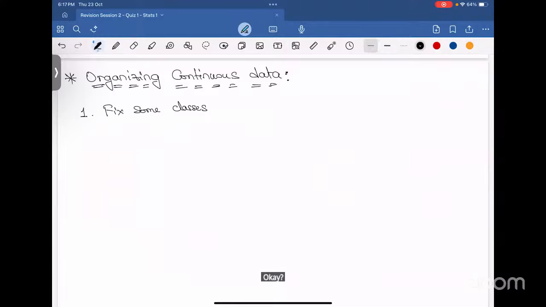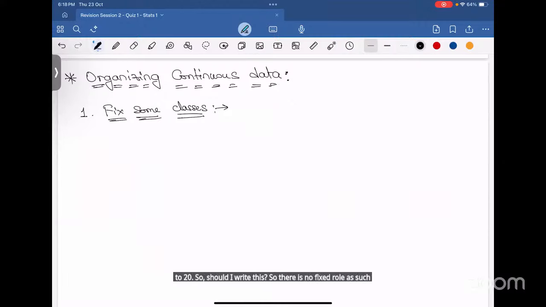How many classes I should take is a subjective thing. It depends on the data points. But there is a general rule that we should have classes between 5 and 20. There is no fixed rule as such.